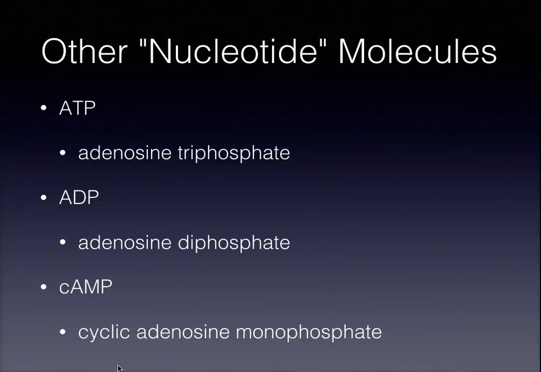It has one less phosphate group. Adenosine triphosphate has 3 phosphate groups, and adenosine diphosphate has 2 phosphate groups. And then finally we have cyclic adenosine monophosphate. And this molecule is used as a messenger. Later on we'll talk about second messenger systems, but it's very important for communication between cells. So that's cyclic AMP.